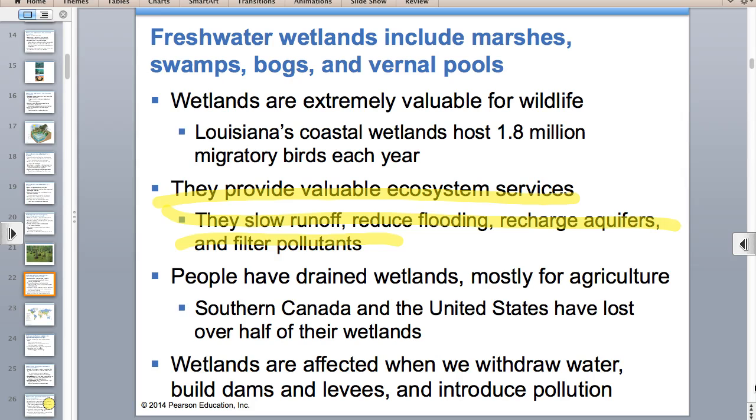You always have to go downhill. So where the aquifer meets the surface, that's where you have a lake or a river. Those things are all tied together, and wetlands are tied together with the aquifer too, so they're going to recharge the aquifer.